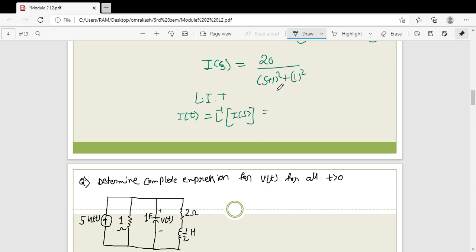Apply all values, apply Laplace inverse transform. I already wrote the final answer here: 20 e to the power of minus t sin of t, for all t greater than 0.